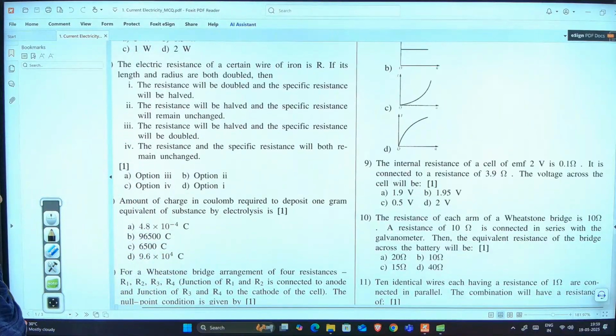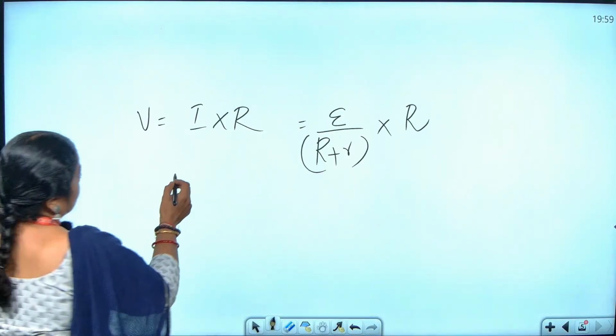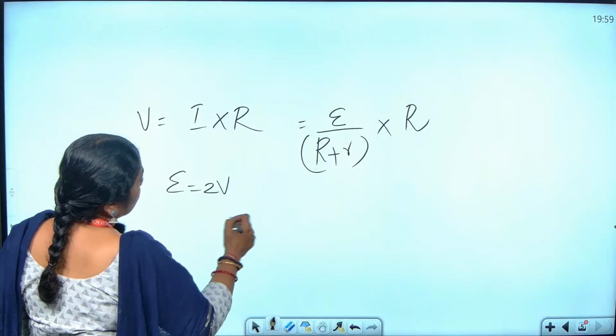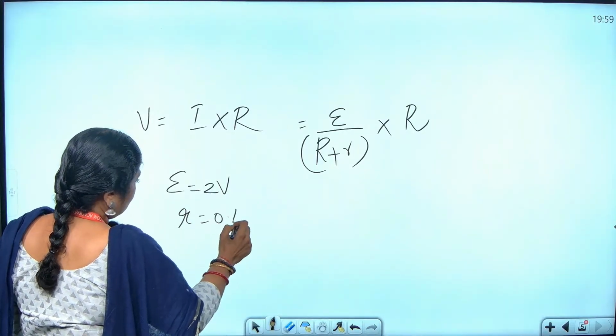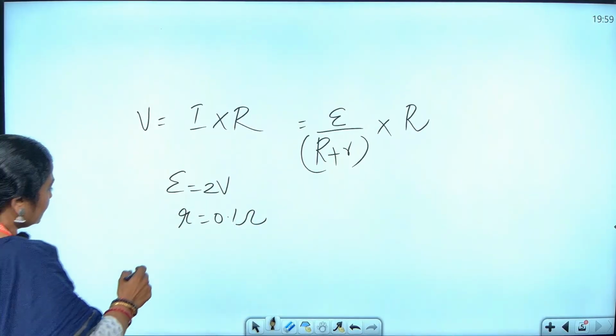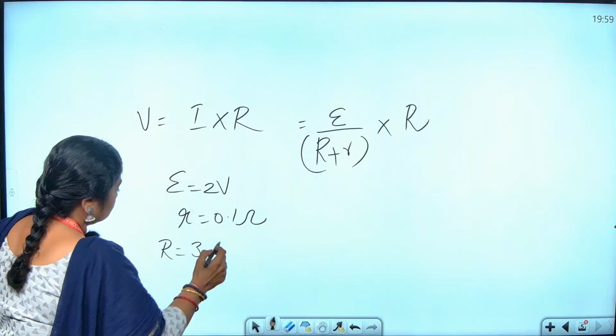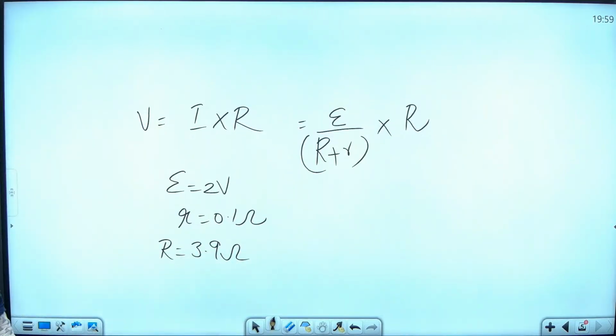Epsilon is 2 volt, small r is 0.1 and capital R is 3.9 ohms. Calculate.